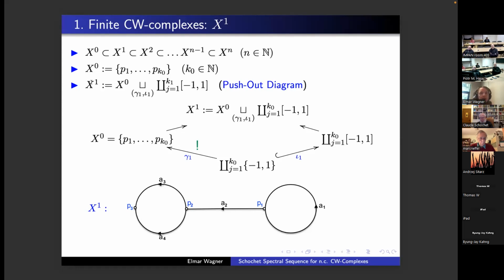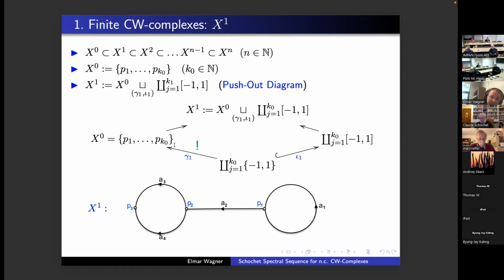So our X1, our first skeleton, will be obtained by gluing intervals to a set of points. So we write it as a pushout diagram. We have some disjoint union of intervals. So the boundaries are just two points, -1 and 1, which we have an inclusion.